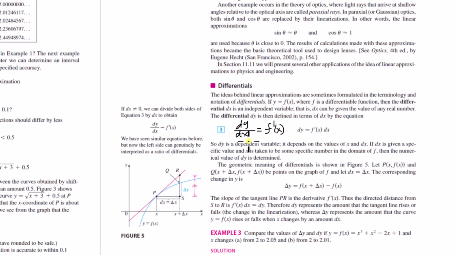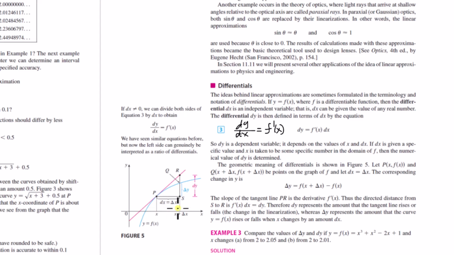Okay, then you multiply both sides of this equation by dx, and there you go. There's dy is equal to f prime dx. Okay, but what you want to notice here is that when you multiply both sides by dx, you're not really multiplying by that infinitesimally small value that is associated with the definition of the derivative.